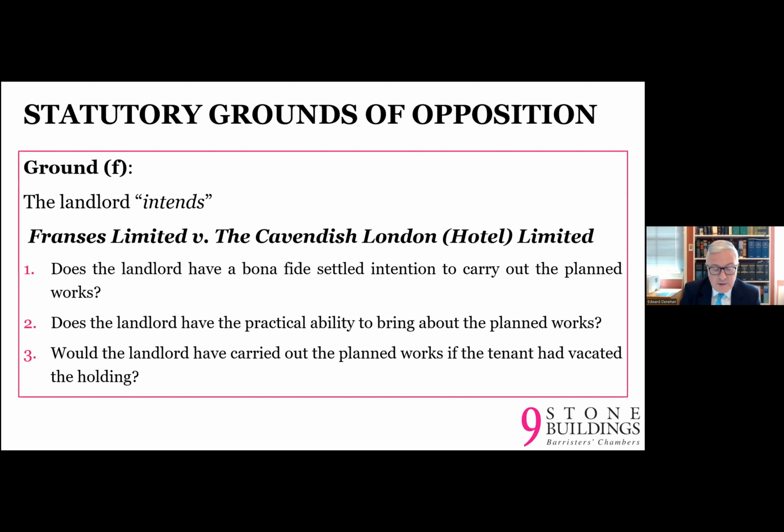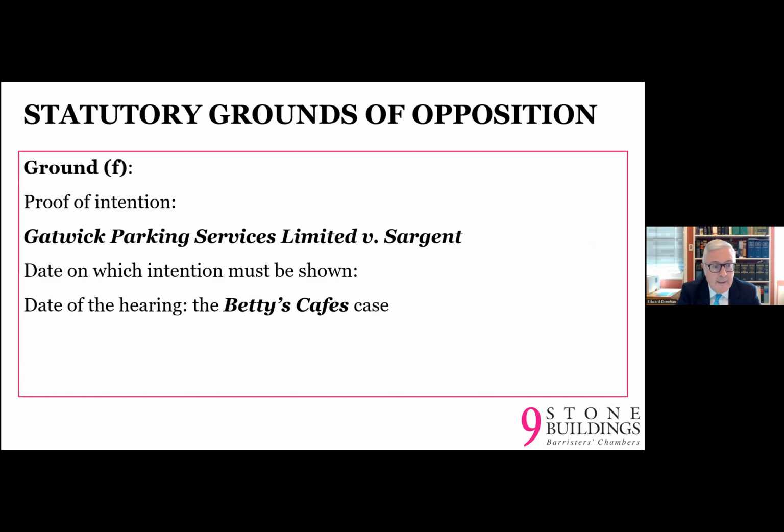But he said that that was just an inevitable consequence of the true construction of that sub-paragraph. So it's well worth reading the detail of the Francis case, which I've set out in the note. It is fundamentally important in the context of 31F, which, as I've mentioned, is the most common ground relied upon by landlords to oppose applications for new tenancies. Proof of intention.